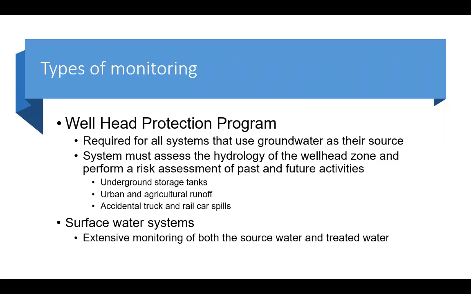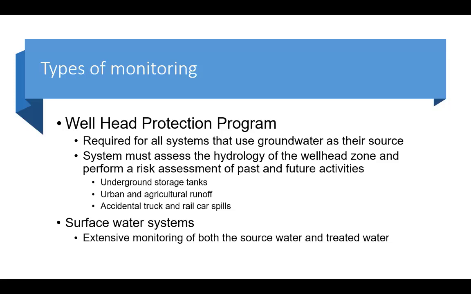It has a well system, about 17, 18 wells, and they are required by law to develop a program to protect these wells from contamination. And as part of this program, the system must assess the hydrology of the wellhead zone. They must perform a risk assessment of past and future activities.